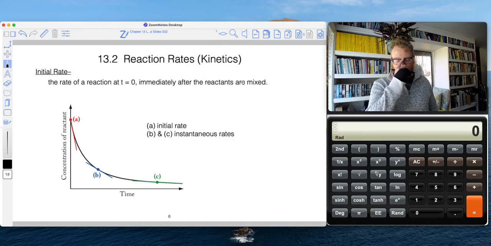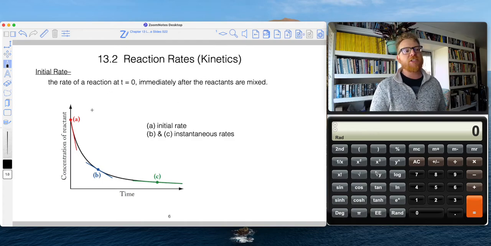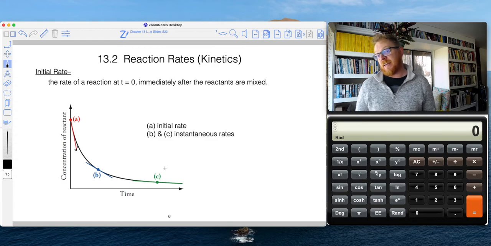And of course, we could also finally talk about the initial rate. And the initial rate is pretty much identical to the instantaneous rate, except the initial rate is the slope at the very first data point. And once again, you can see all of these things will be different, right? This initial rate has a much different slope than these two particular instantaneous rates.